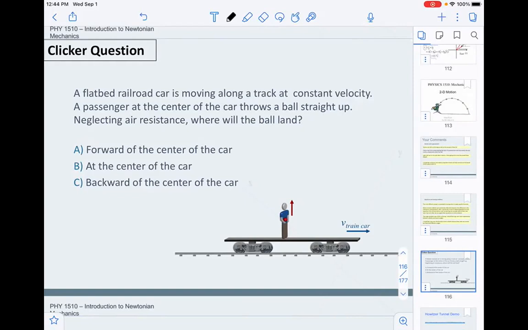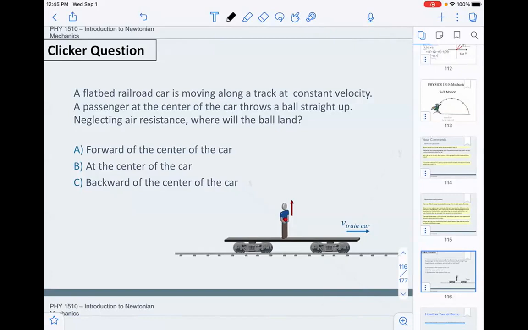We all have the experience of traveling on the bus or in an airplane. Of course, I can throw a ball up and down and always catch it. The ball will always land in my hand, as long as the plane is not accelerating or decelerating.